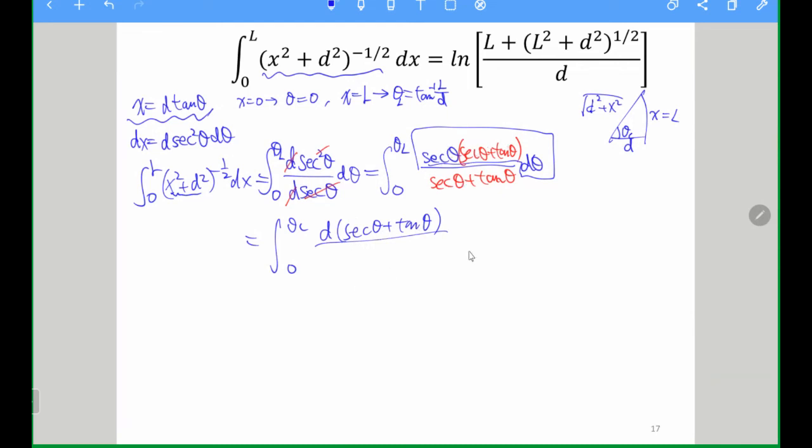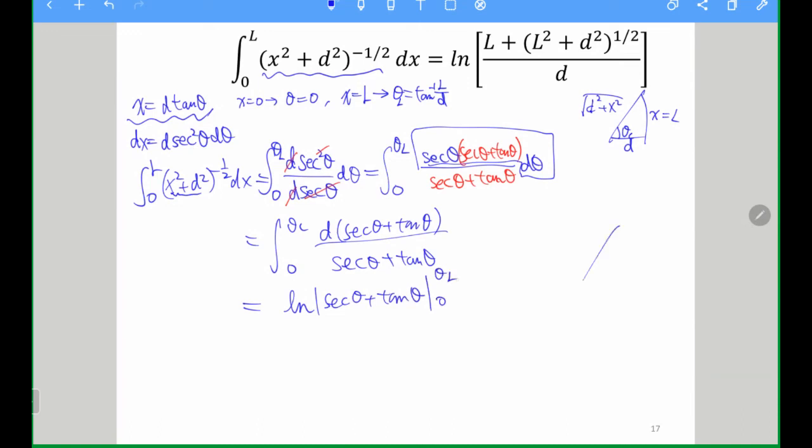So it's like a change of variable, but without explicitly doing it. It becomes the natural log of secant theta plus tangent theta from 0 to theta L.